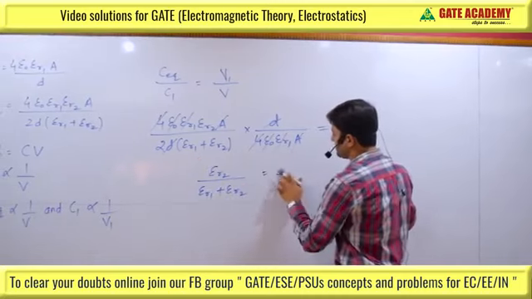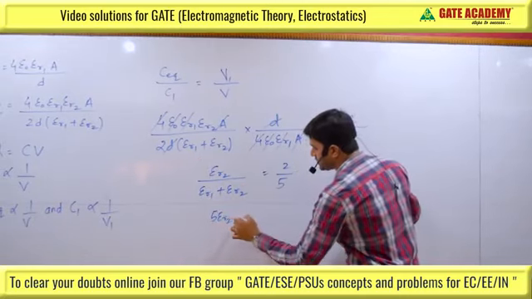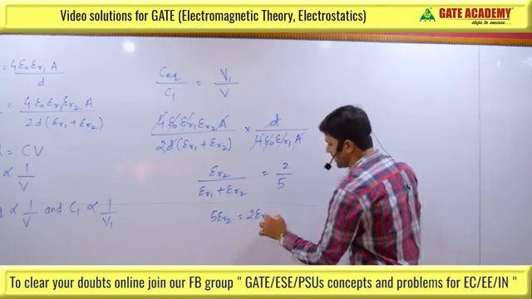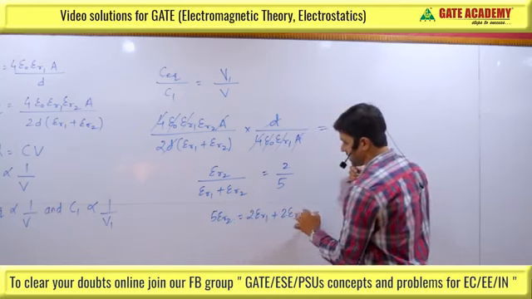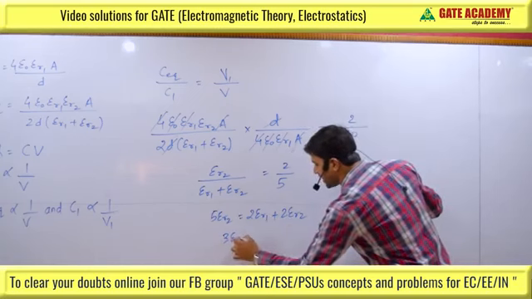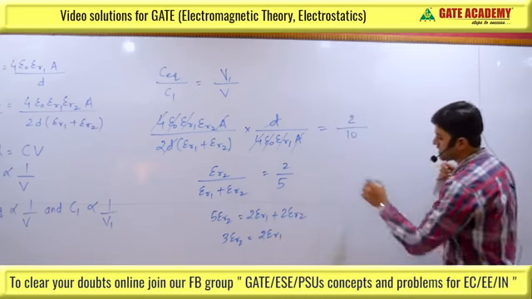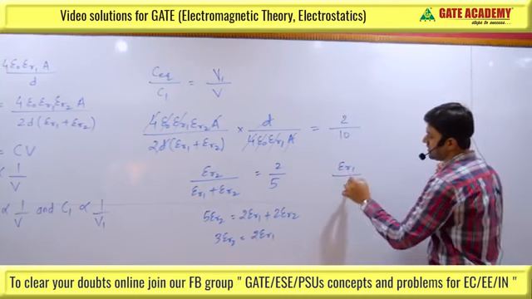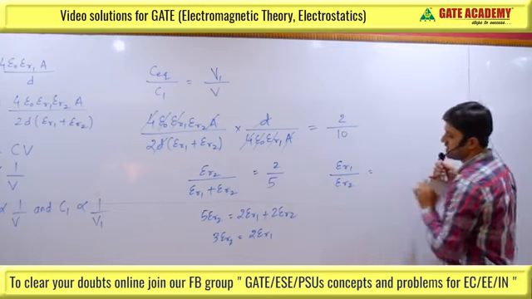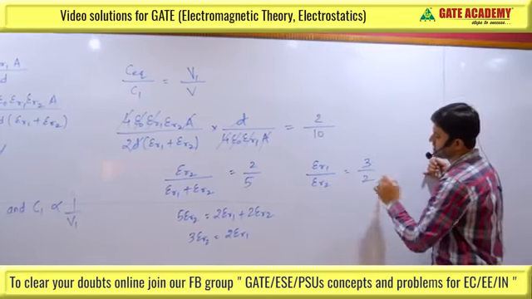In fact, 2 by 5. So 5 epsilon R2 equals 2 epsilon R1 plus 2 epsilon R2, and this will be 3 epsilon R2 equals 2 epsilon R1. We have to calculate the ratio of epsilon R1 to epsilon R2, and this is equal to 3 by 2.